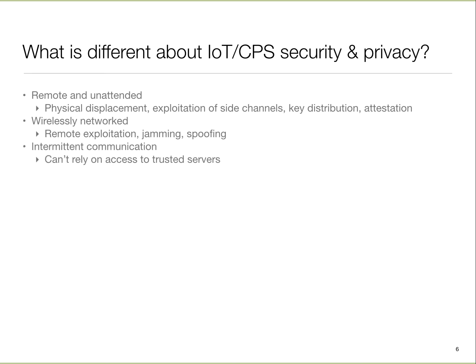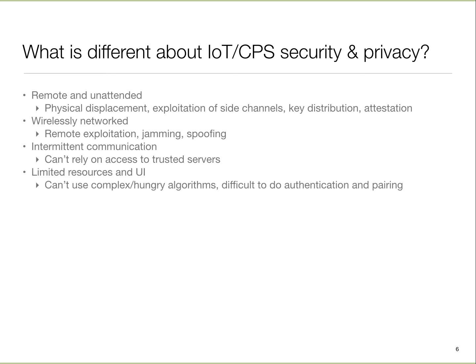Communication is often intermittent, so we can't assume that we have a continual connection to some sort of trusted source. Even things like time or access to secure databases are not necessarily always guaranteed.